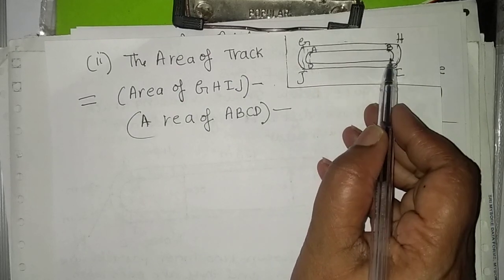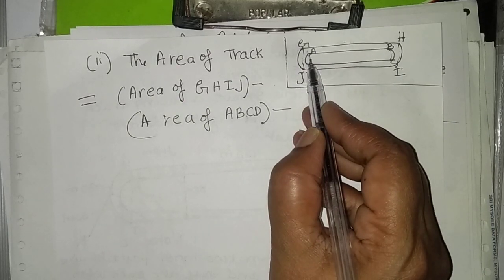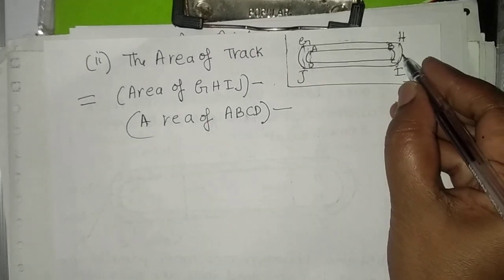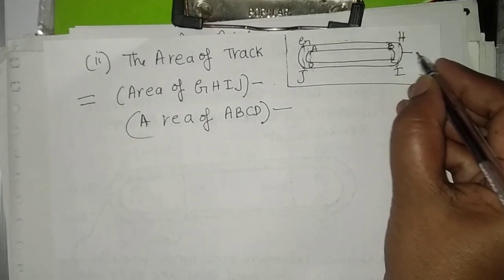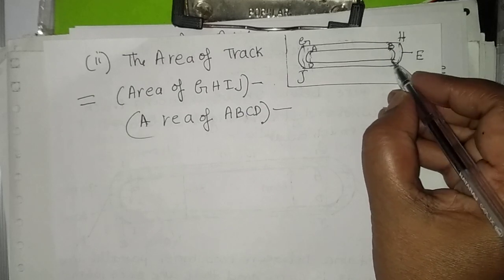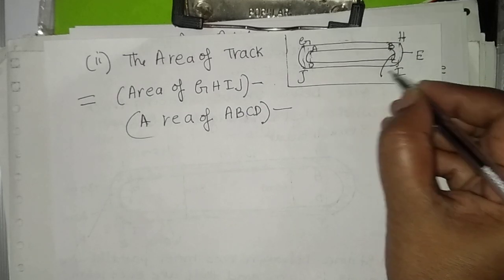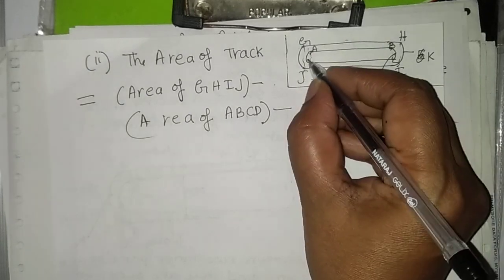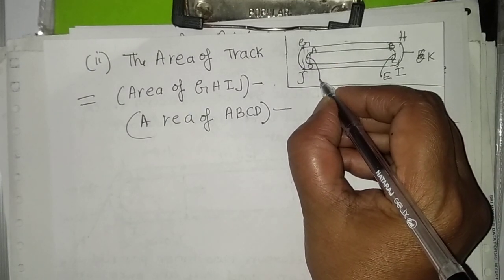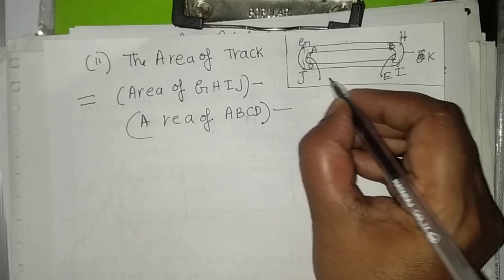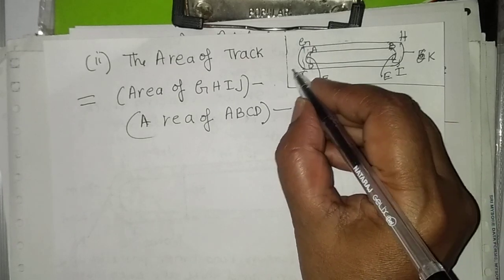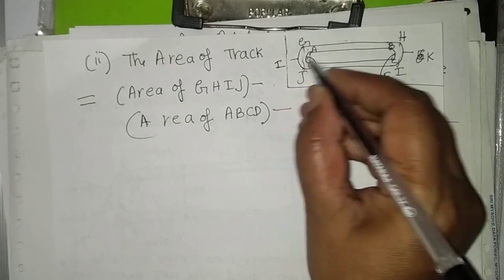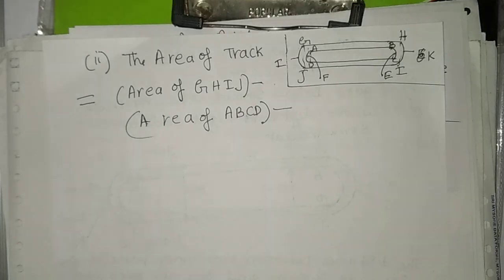So we have to take two semicircles here, and two semicircles here. So what are the semicircles? This point is E, this is K, the outer part is K, here also E, and then F, and this one is I. So these are the four semicircles.